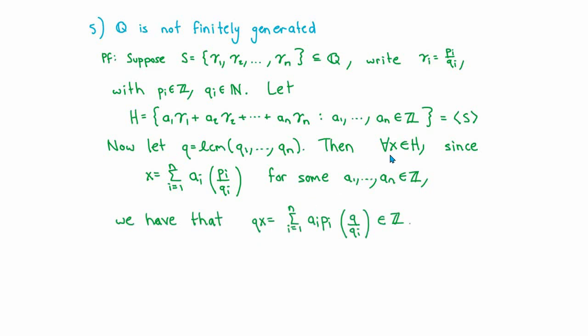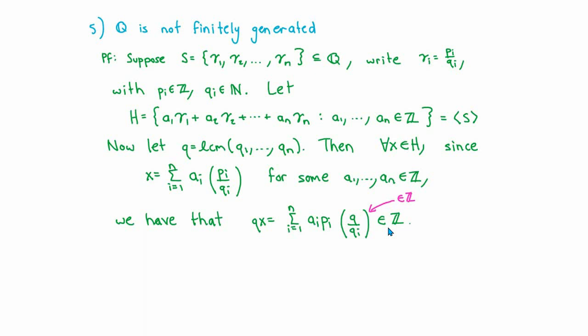Well, any element x of H looks like a sum of a_i times p_i over q_i for some integers a1 to an. And when I multiply that element x by q, I can bring the q on the inside of this finite sum. And then, noticing that q is a multiple of all of the q_i's, the quantities in the parentheses here are all integers, so I find that q times x is always an integer.